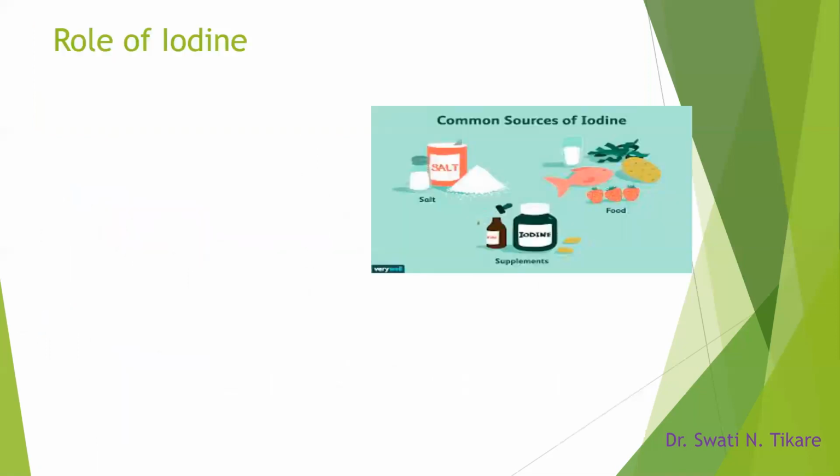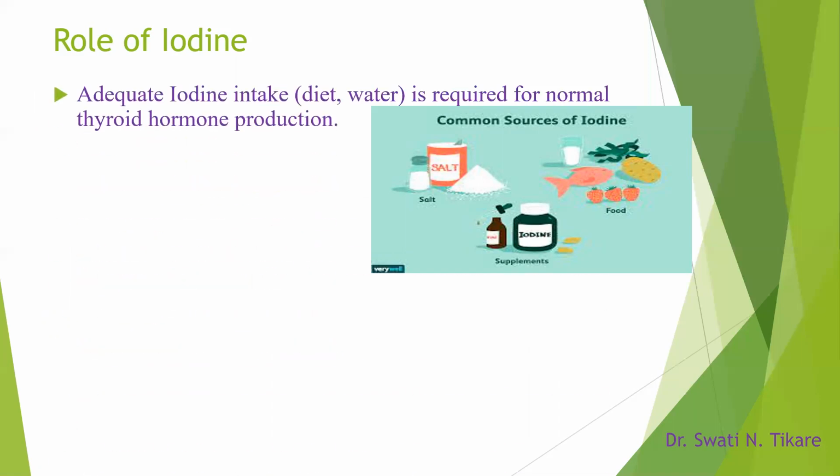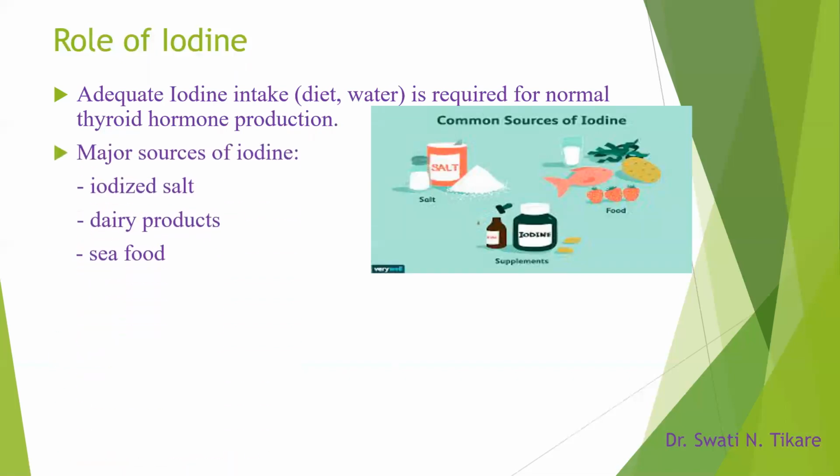Next, let's learn about the role of iodine. Since tyrosine is important and it is iodinated, iodine becomes important here. Adequate iodine intake, either in the diet or in water, is required for normal thyroid hormone production. What are the major sources of iodine?